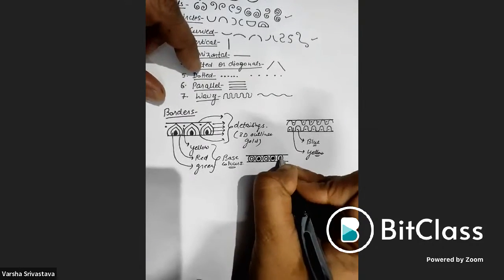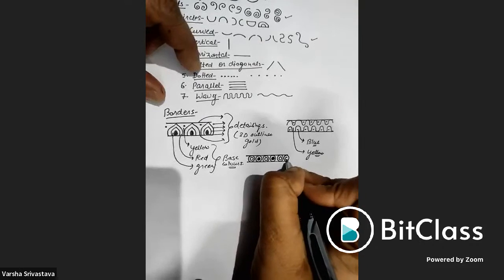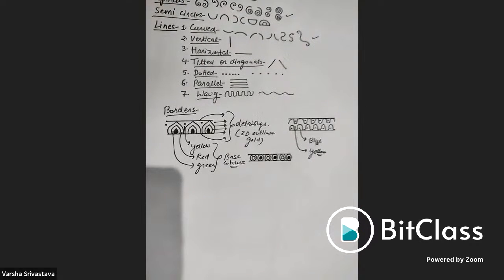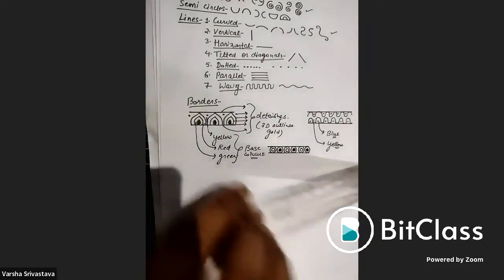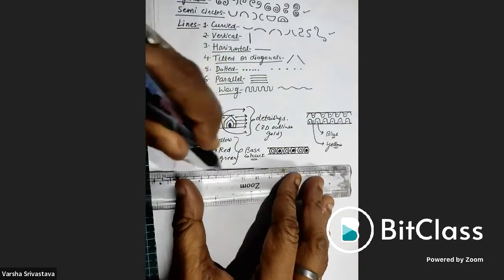Okay. Hollow with hollow and hollow with solid. Like this. So this is another thin border actually. And I hope nobody has any queries. If you have any queries, you can ask. No problem at all.